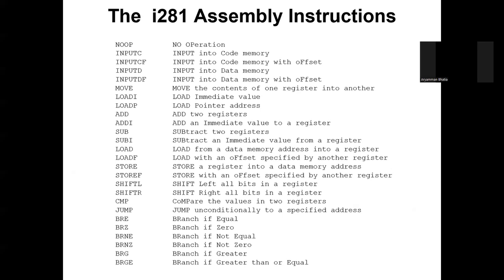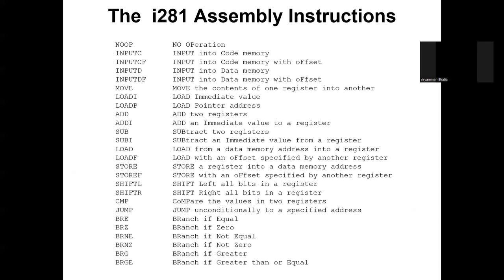You have types of inputs into the code memory, in which case you want to input some value into some register of the code memory. And everything you do into registers, you can also do with an offset, because the offset is basically telling you how many registers away you want to do this. From the base register, if you want to input something into, like, 3 registers away, you can do that using the offset, right?